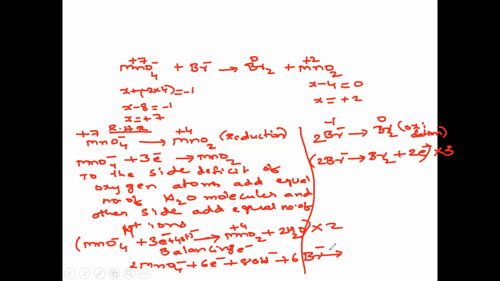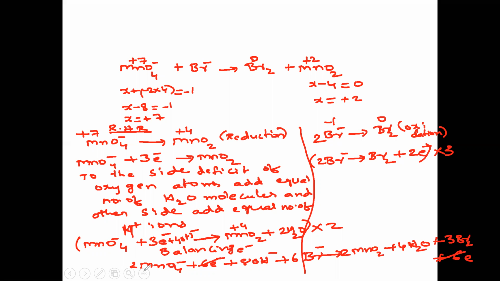I'm writing the reactants of both reactions together here, and now writing the products: 2MnO2 plus 4 water molecules, plus 3Br2 plus 6 electrons. Now both sides have 6 electrons, so 6 electrons and 6 electrons get cancelled.